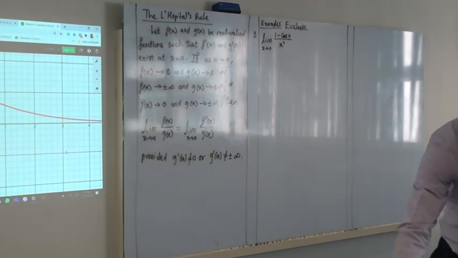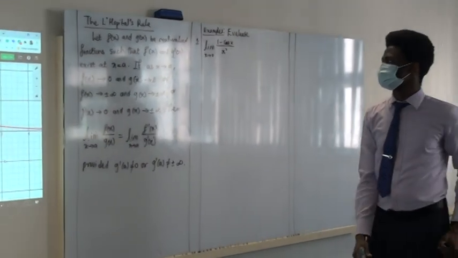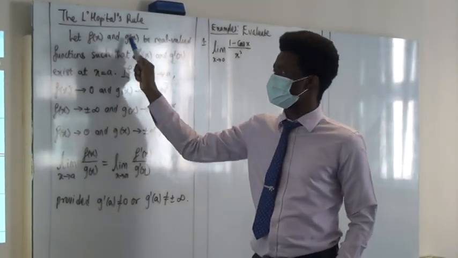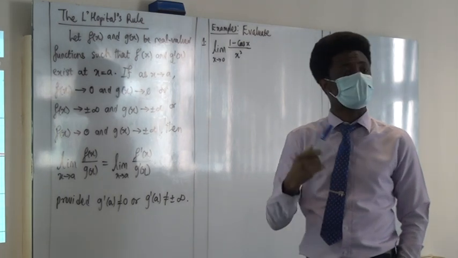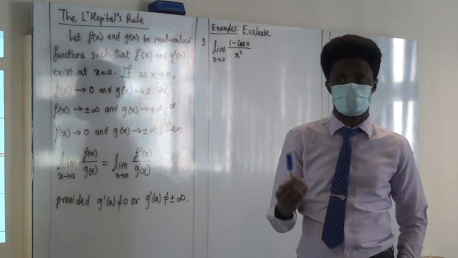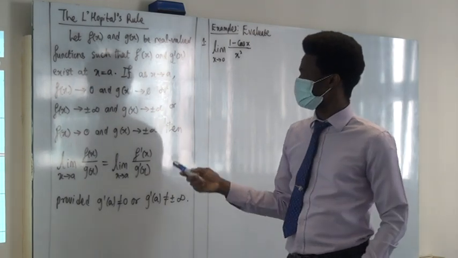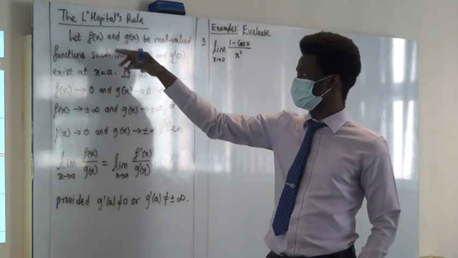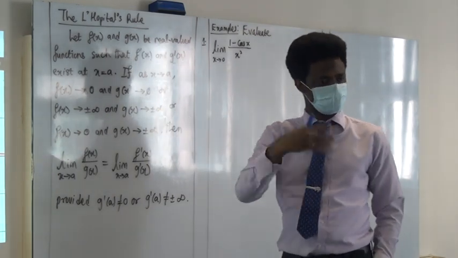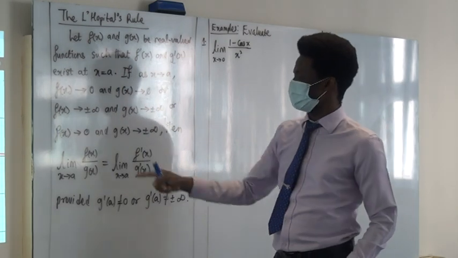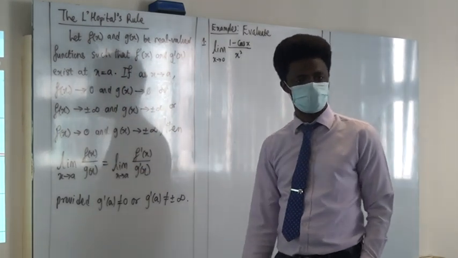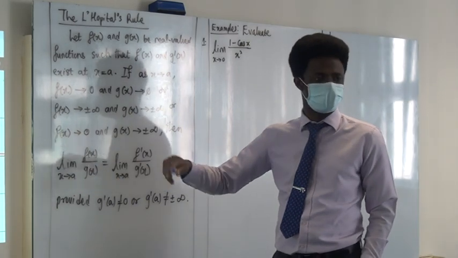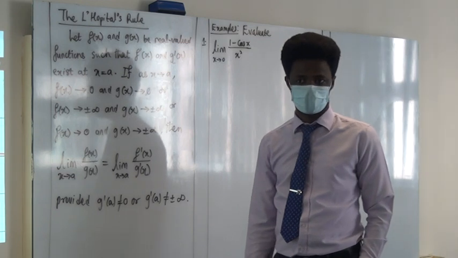Everybody, please pay attention. This is a summary of everything we've been talking about. If these two functions are differentiable at the point a, so that as x approaches a, the two functions approach either 0 or infinity or a mixture of both, and we are interested in the limit of their quotient, remember, this gives an indeterminate form.